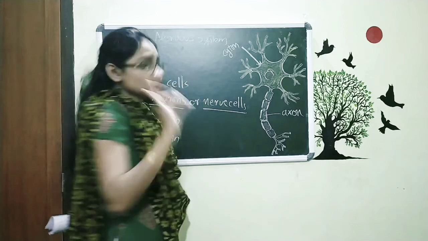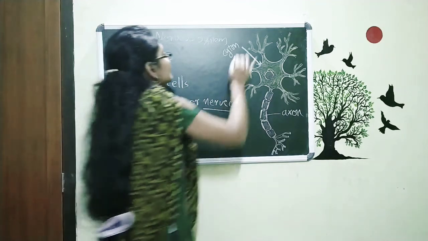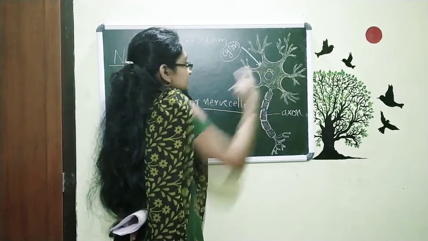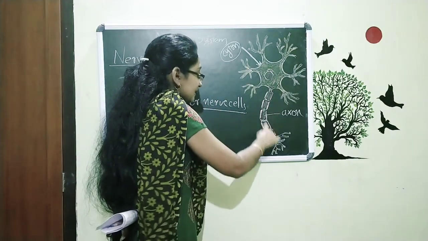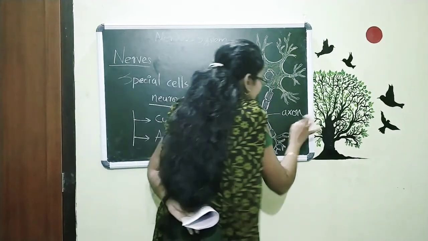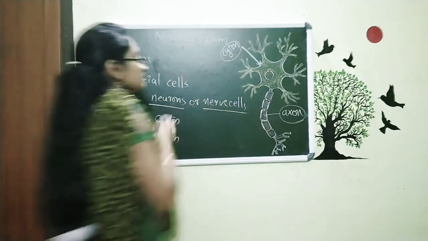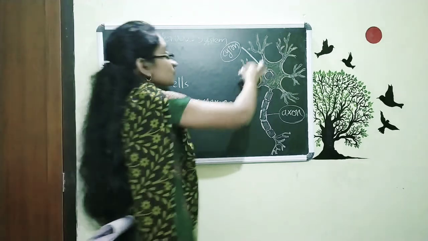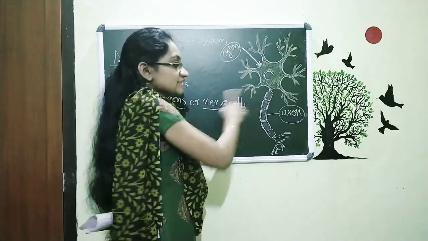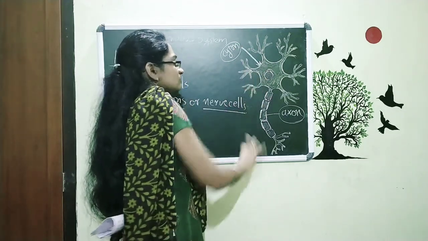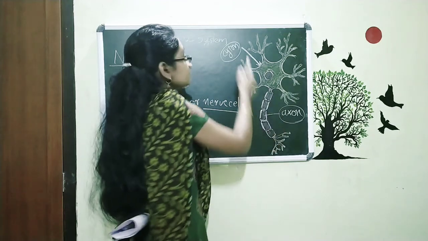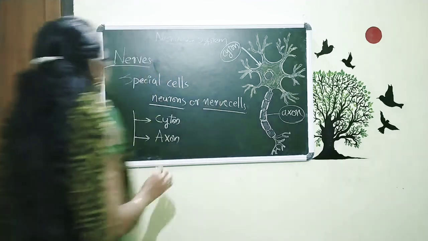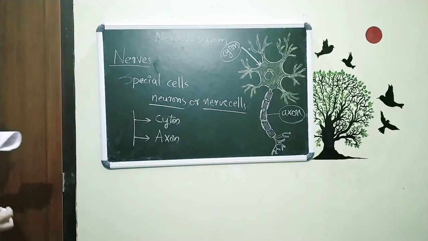It has mainly two parts, and that is cyton and a part called axon. You only need to identify these parts when you see this diagram. No need to learn how to draw this now. Just study the names, cyton and axon. That is about the neuron.